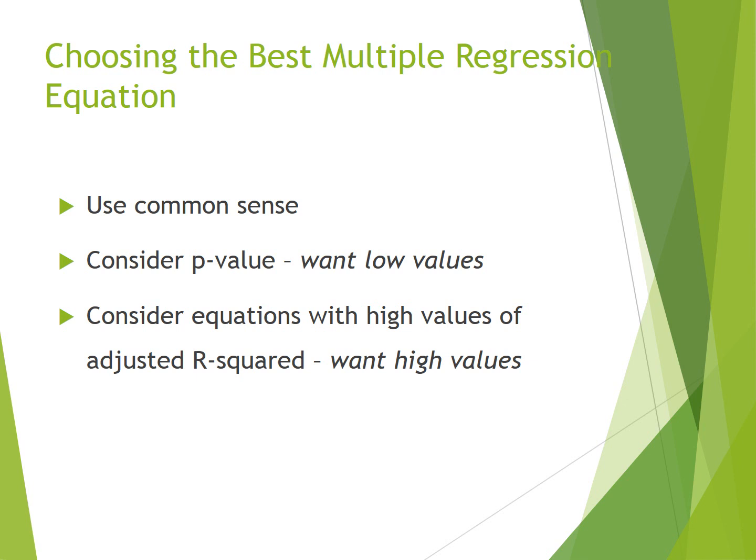In choosing the best multiple regression equation, you normally use common sense. If you know something should be a good predictor, then you should consider it. But when you're looking at all these variables, you want the p-values to be low, and we want the adjusted R-squared values to be high. When we're dealing with a single independent variable, we look at the R-squared.